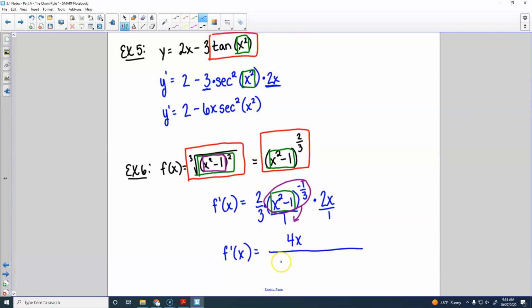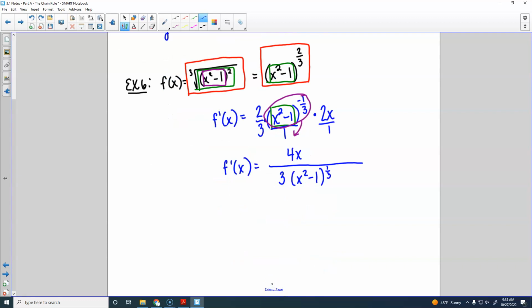In the bottom, I already had a 3, and then I'm moving this down to the bottom, so I've got x squared minus 1 to the positive 1/3 power. And they might leave it like this, or they may change it to a cube root like that.